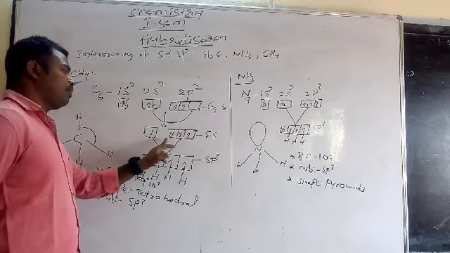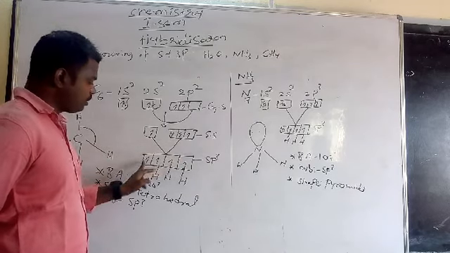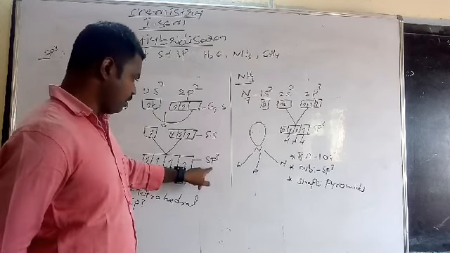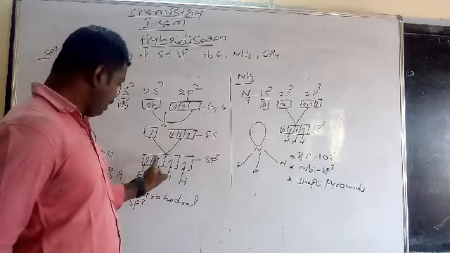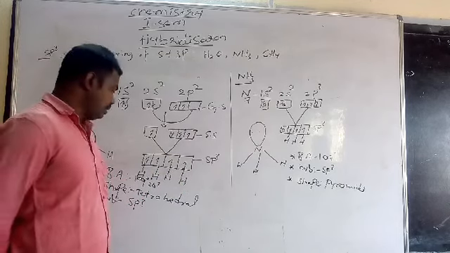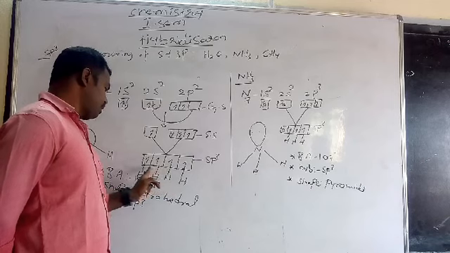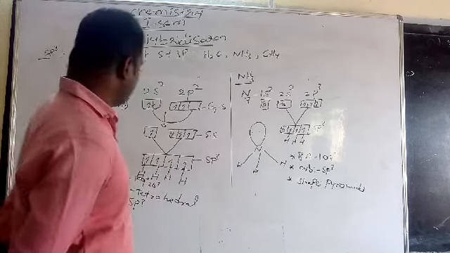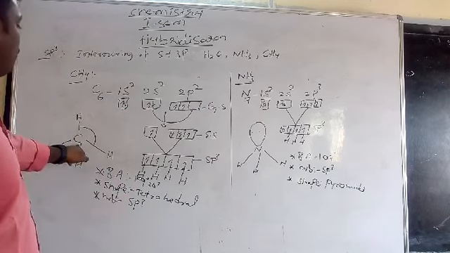Now intermixing of the 2s orbital and 3 p orbitals combine to give new equivalent hybrid orbitals called sp3 hybrid orbitals. These 4 unpaired electrons combine with 4 individual hydrogens, forming CH4.